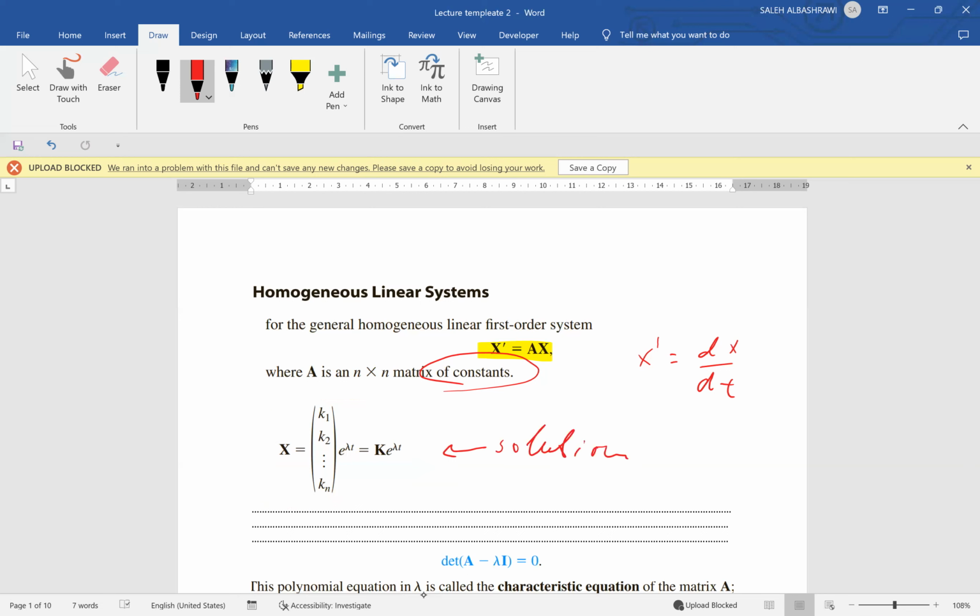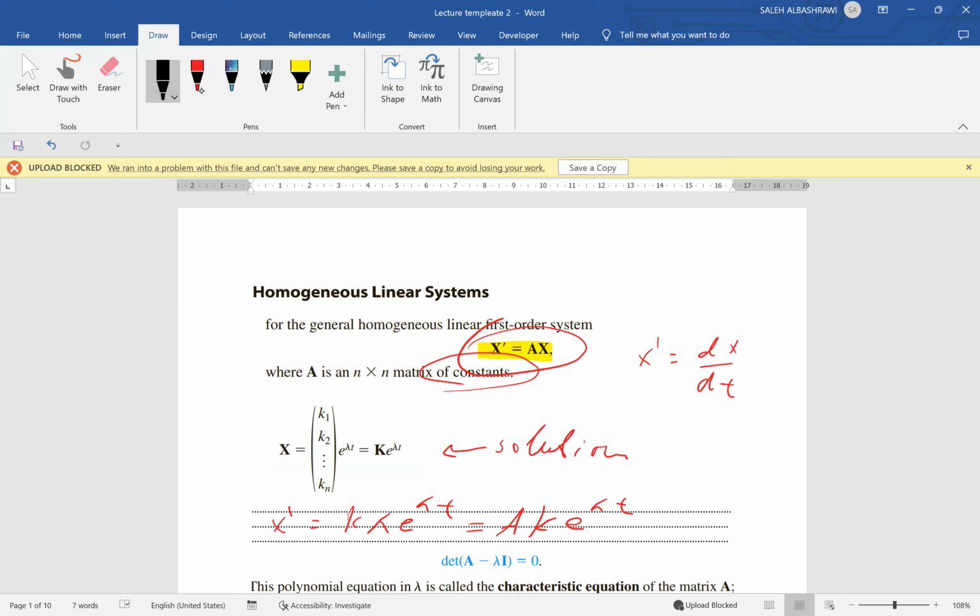Now let's assume this is the solution. Then if we differentiate, x prime will be K lambda e to the power lambda t, which is equal to Ax, but x can be written as K e to the power lambda t.